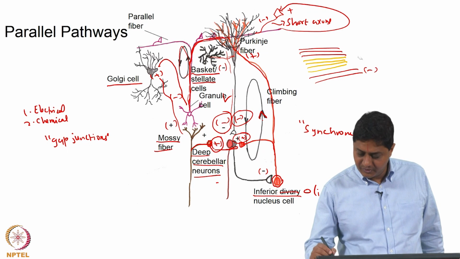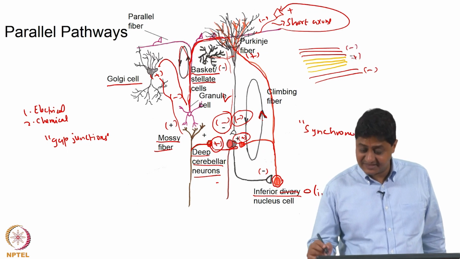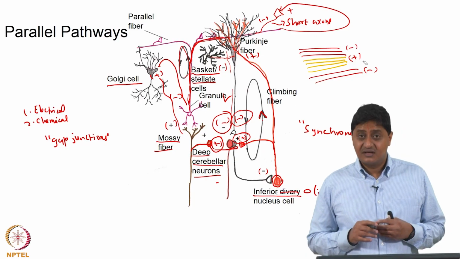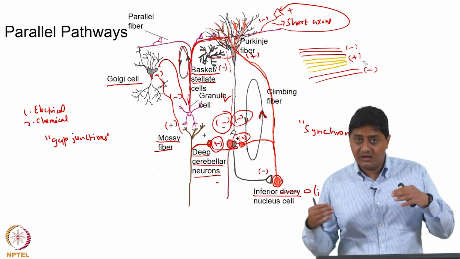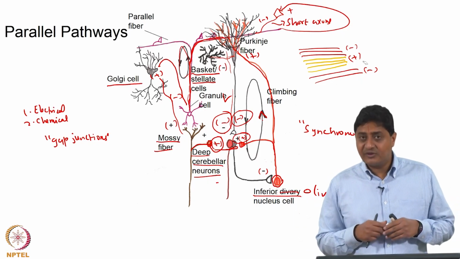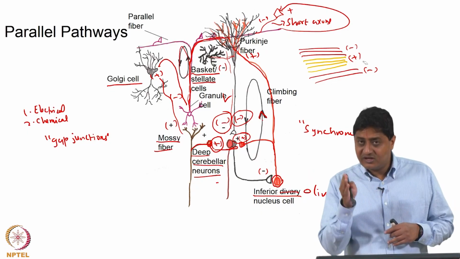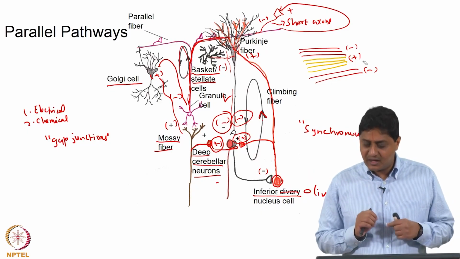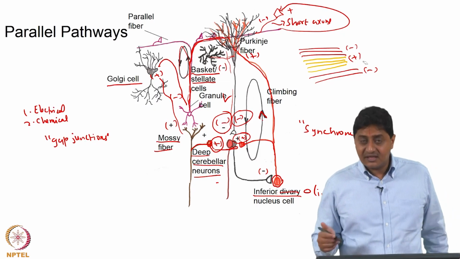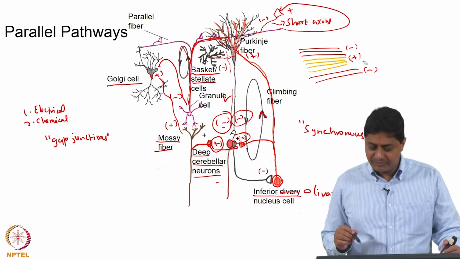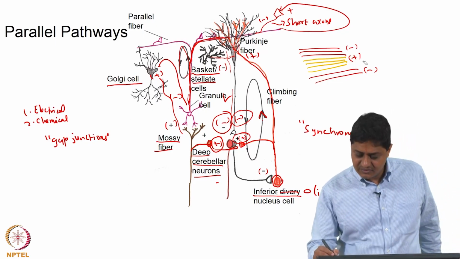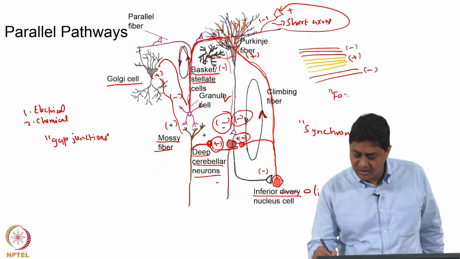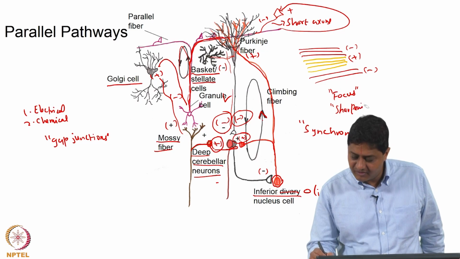So, their effects are controlled or modulated in such a way that among thousands of parallel fibers, a central flank alone will cause an excitation, whereas the others will not cause that, and that act is not on the parallel fibers, but rather on the Purkinje cell. So, in a way it is functioning to cause focus or sharpening of the parallel fiber inputs.